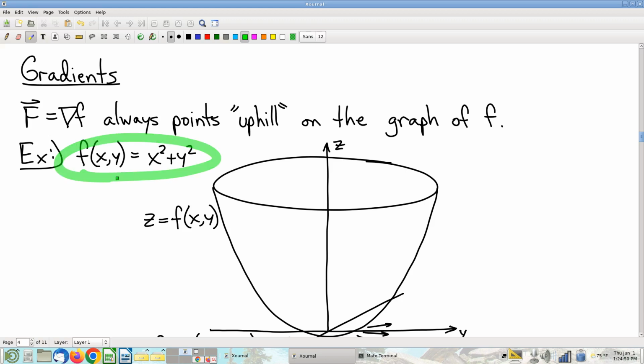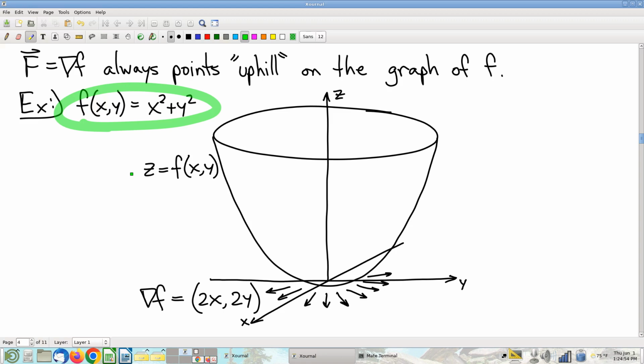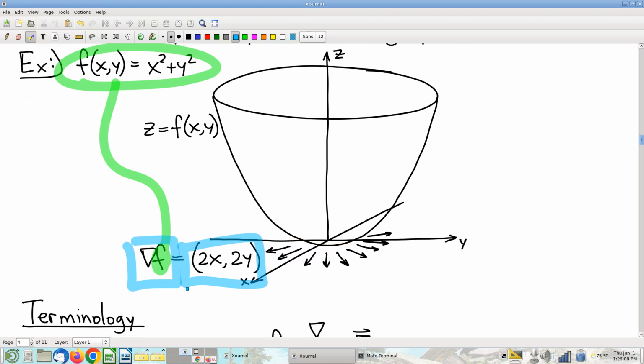If you have a function, let's say, for example, this one, you can talk about the gradient of that function, and check it out. What this gradient is, for any given point x, y, this formula gives you a corresponding vector. That's a vector field. We never thought of it in that way before, right?